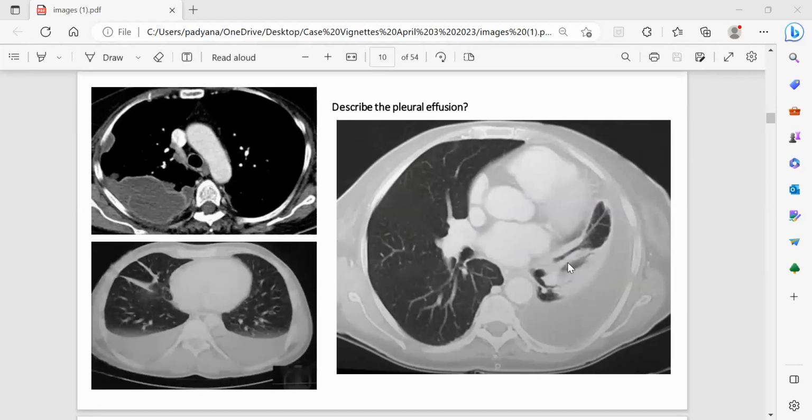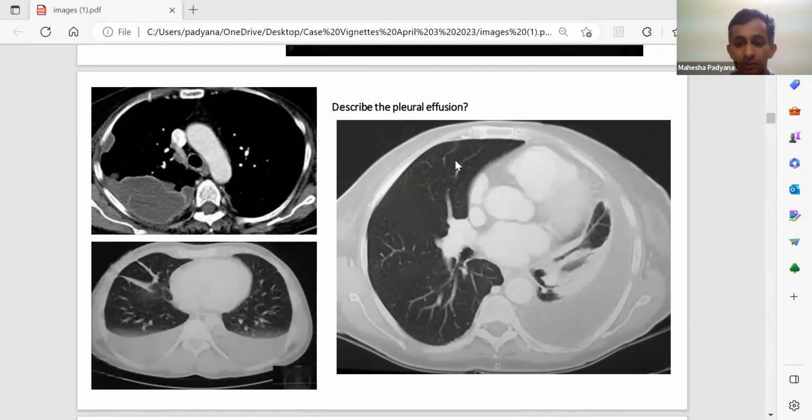So, there are various presentations of pleural effusions here. Can one of you describe? What is this first image? That looks like empyema thorax, sir, because it's more organized. Okay, you can mention it as more of a loculated effusion.